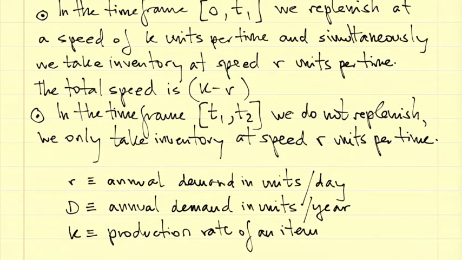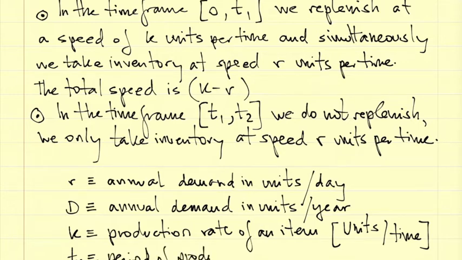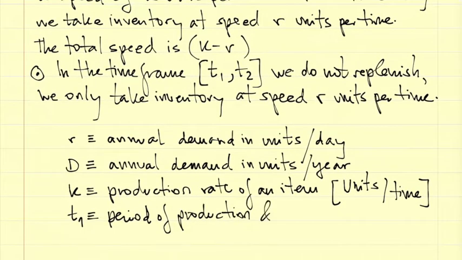Okay, in units per time unit. Units per time. T1 is the period of production and consumption.